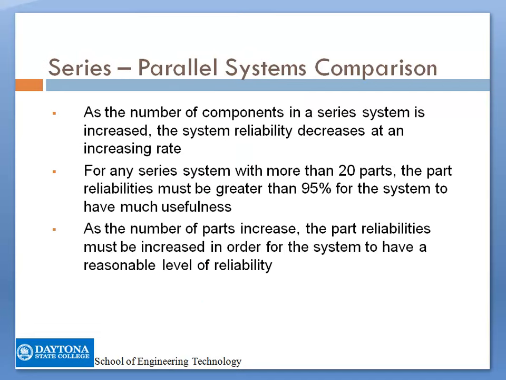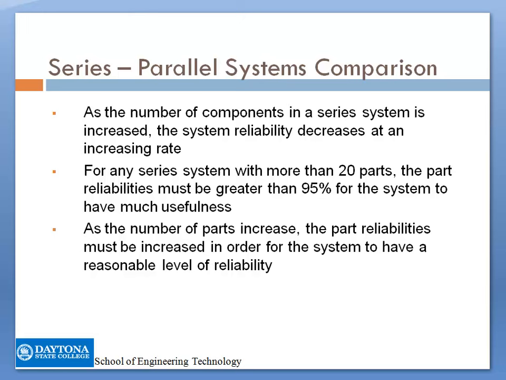In this type of system, as the number of components in a series system is increased, the system reliability decreases at an increasing rate. For any series system with more than 20 parts, the part reliability must be greater than 95% for the system to have much usefulness.